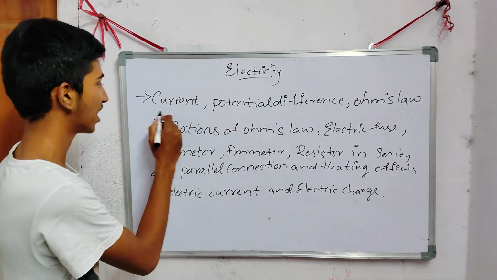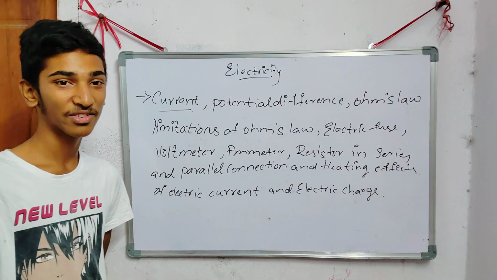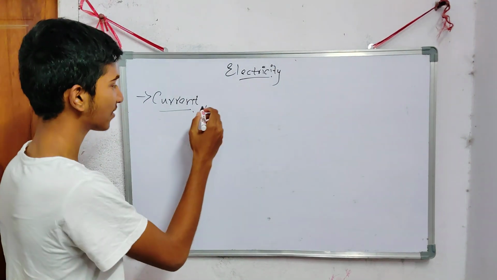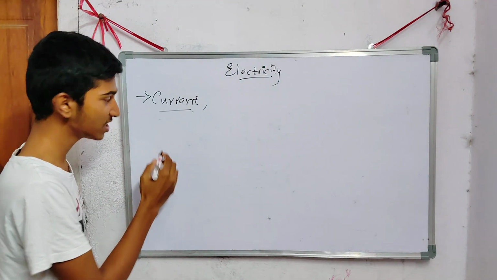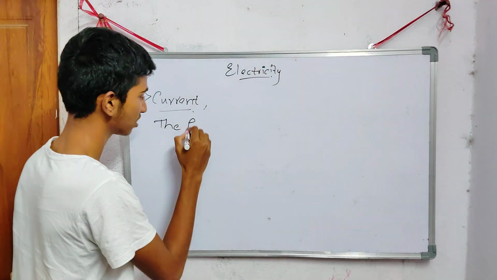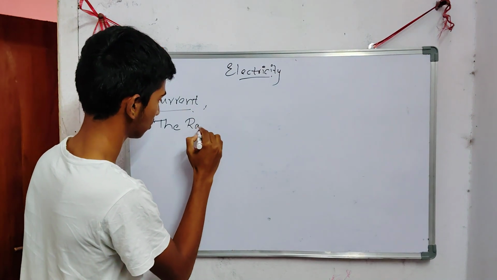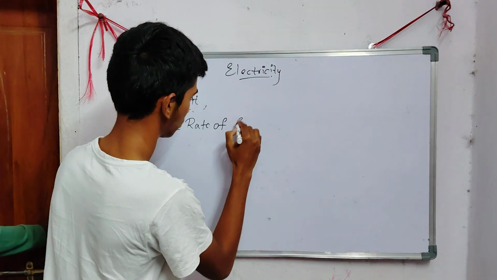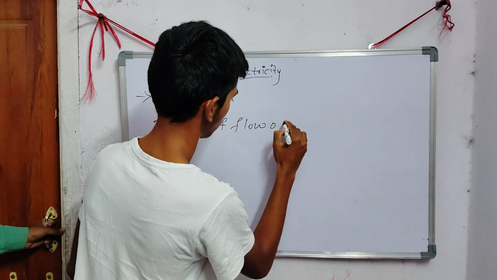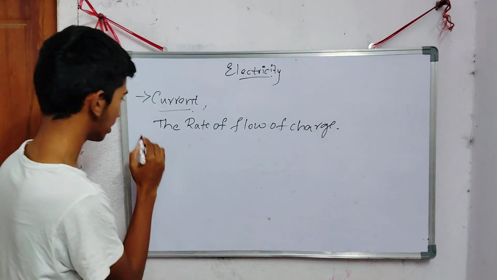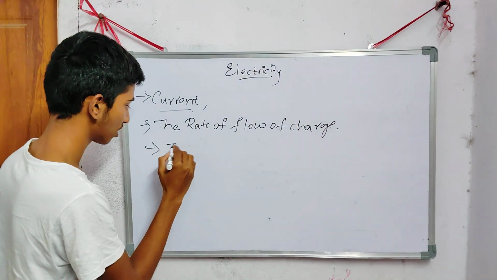Now let us start with the current. Current can be defined as the rate of flow of charge per unit time. The SI unit of current is ampere.